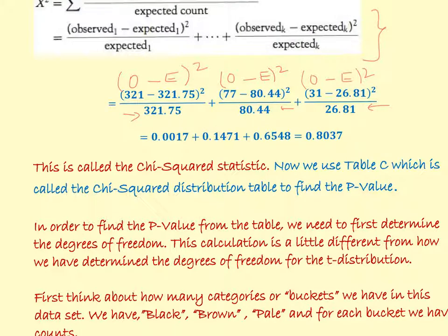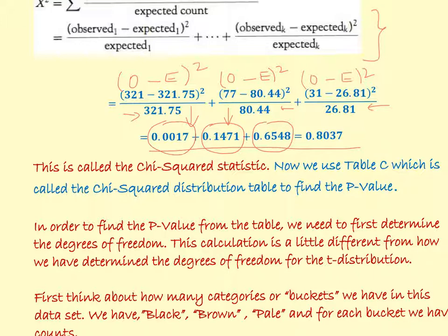So we've calculated the chi-squared statistic. It's important to write down each number that you get from your calculation for each category. So we have 0.0017, 0.1471 from the second category, and 0.6548 from the third category.